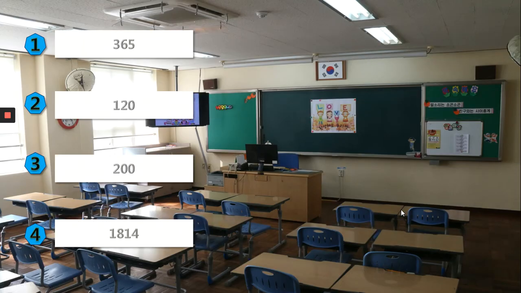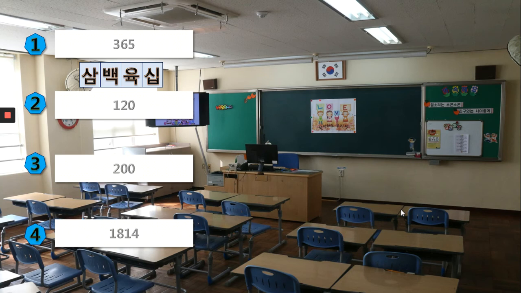Okay, let's practice how to read numbers. 365 in Korean. 3 and 300, 삼백. Okay, 300. And 60. 6 and 60. When we say 60, that 십 means 10, right? So 6, 10, 육십.